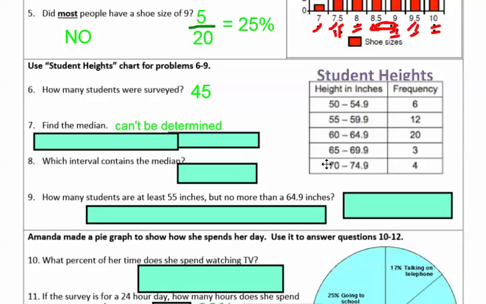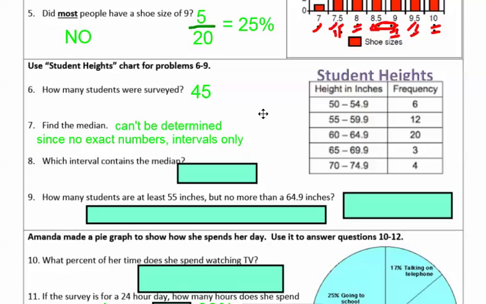I don't know if it's 70 or if it's 74.9, or if the tallest person is 72 inches. We don't know how tall the smallest person is either, because these are intervals. So just like we can't find the range, we can't find the exact middle number or the median because we don't have exact numbers. We only have intervals, so we cannot find the median.